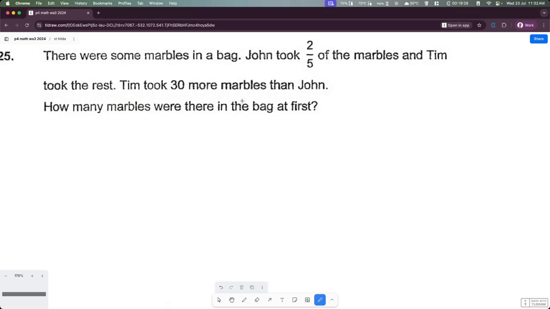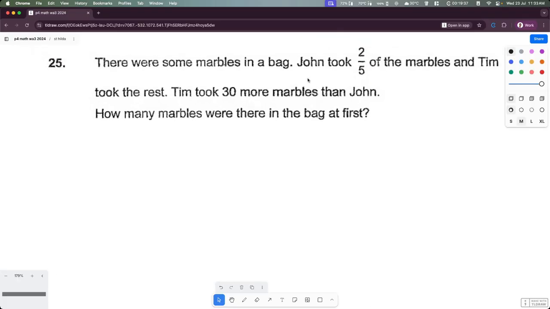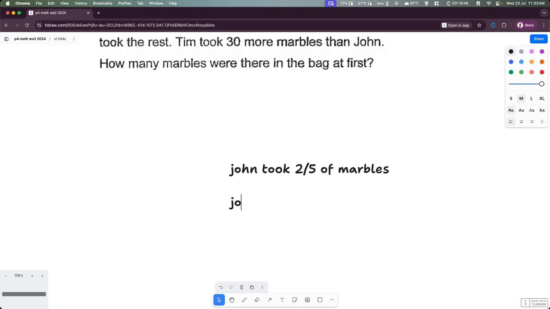is usually what I like to do is I want to convert our fractions over here into units. Okay, so when we say John took 2/5 of marbles, that means John took 2 units of marbles, right?